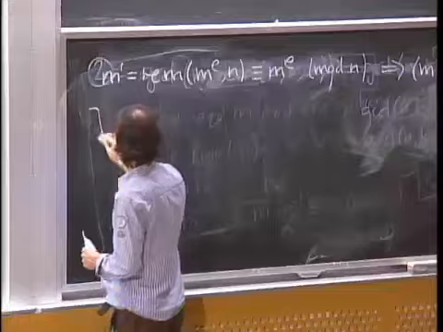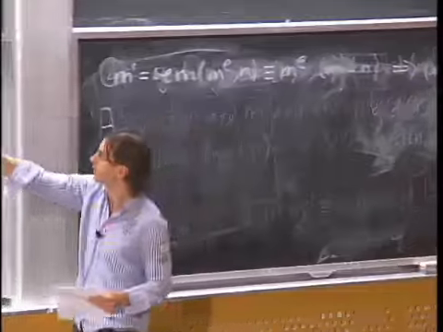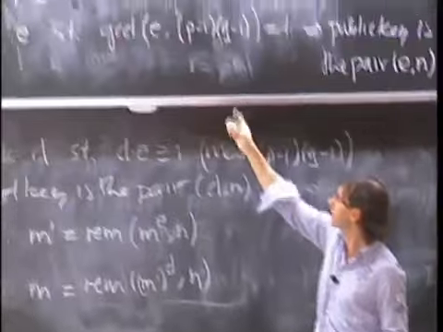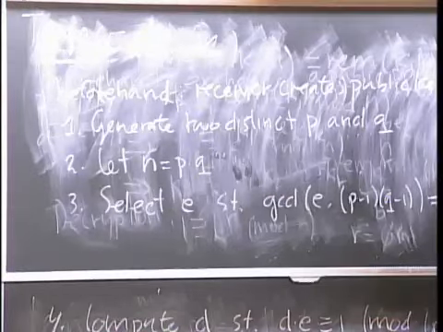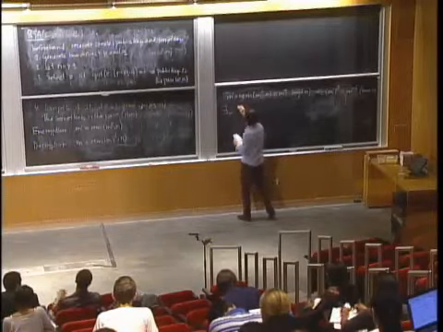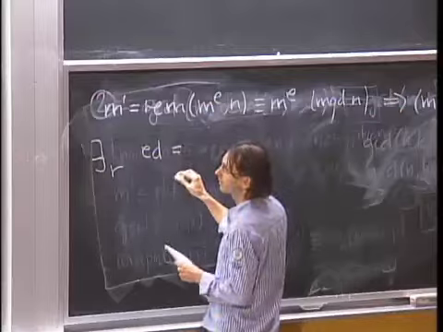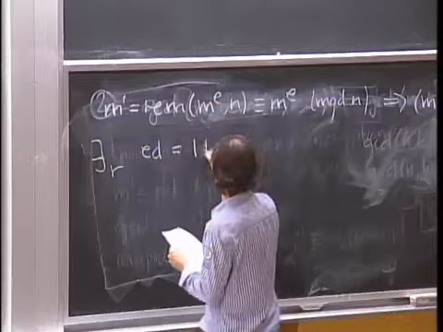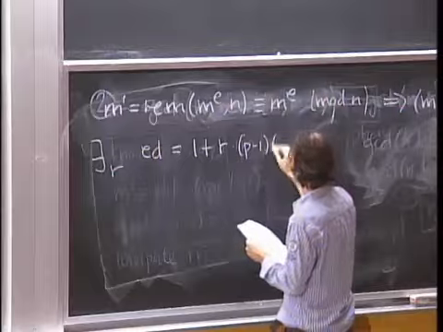So now we know that there exists an integer r. We are going to use the fact that e and (p minus 1) times (q minus 1) have a greatest common divisor of 1. So we know that e times d is equal to 1 plus r times (p minus 1) times (q minus 1).